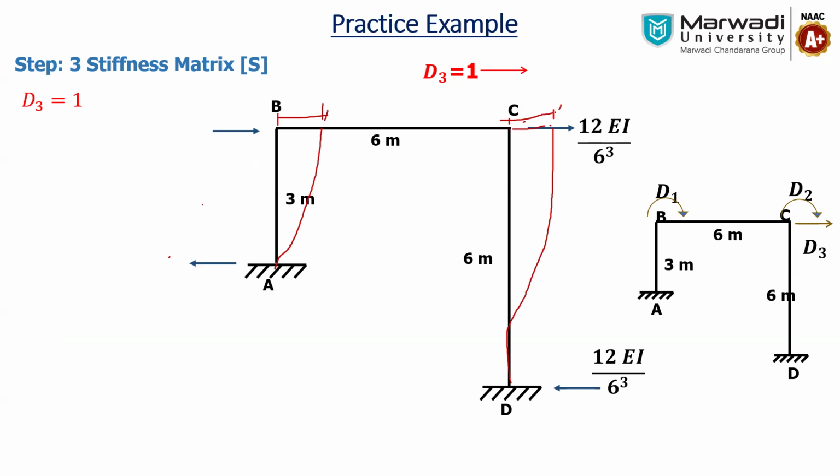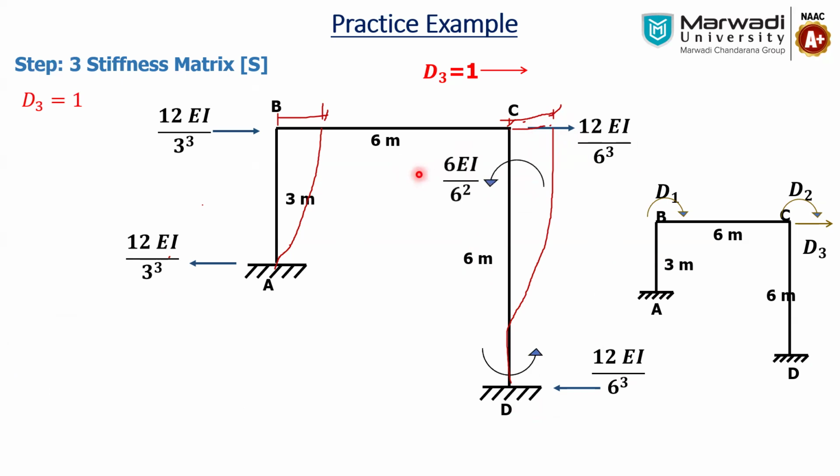That's why we are considering the reaction in both the columns, and the reaction is 12EI by L cube. Now on both sides along with the reaction, as you can see, both the couples right over here are forming a clockwise moment, right? As we can see this couple and this one, it is forming a clockwise moment. So we are providing the anti-clockwise moment as a fixed moment.